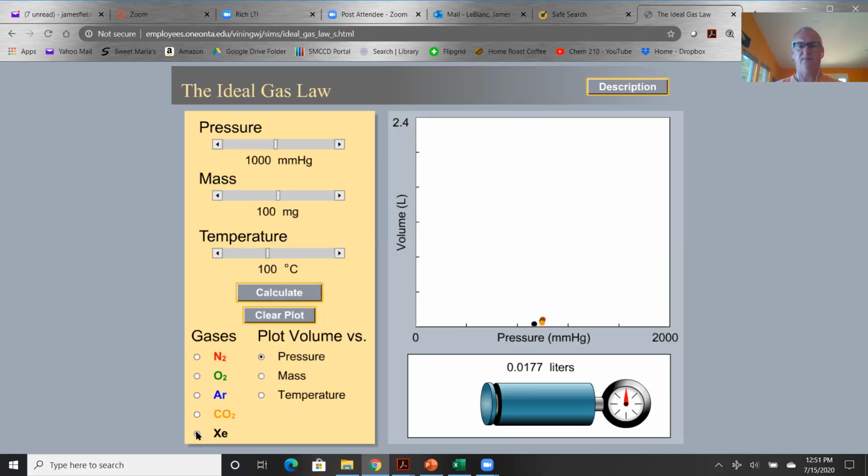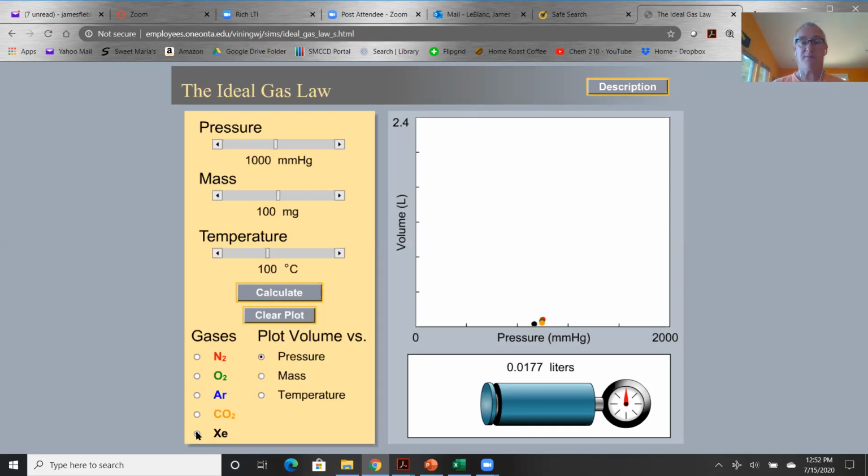No, they're all the same mass. They're all 100 milligrams. See, I got 100 milligrams up here. Is it because they have different molar mass? There you go. Yeah, they have different molar mass. So if I have the same mass of gas, but one gas is bigger, that's fewer moles of it, right?